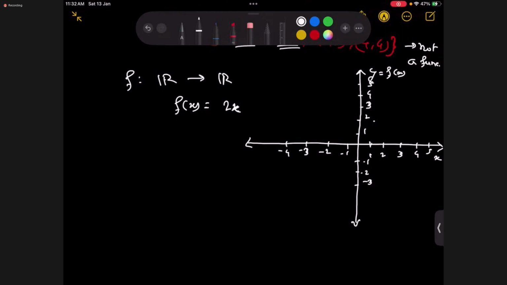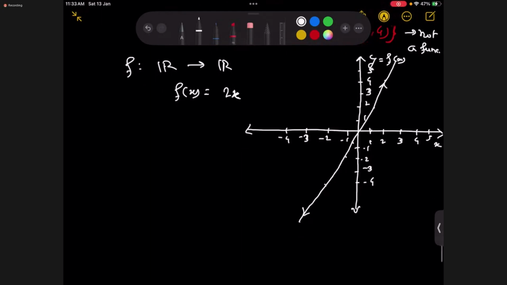For x equals 2, the value will be 4. When x equals minus 1, the value will be minus 2. When x equals minus 2, the value is minus 4. You can clearly see the line will be like this. When x equals 0, the value is obviously 0. So this is the graph of the function 2x.